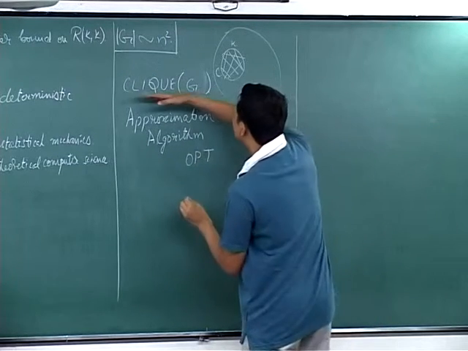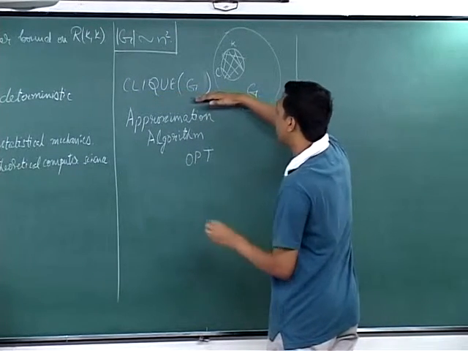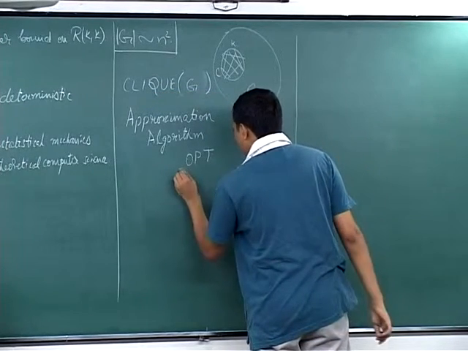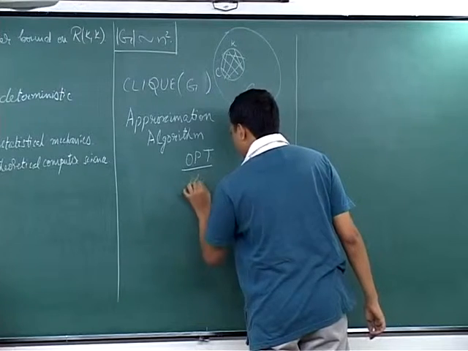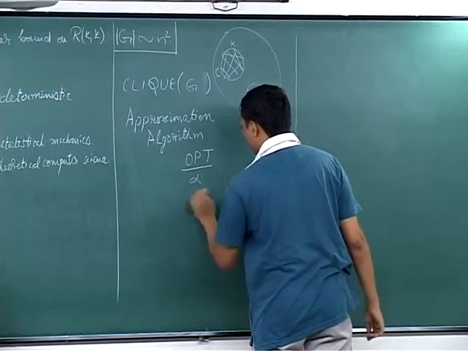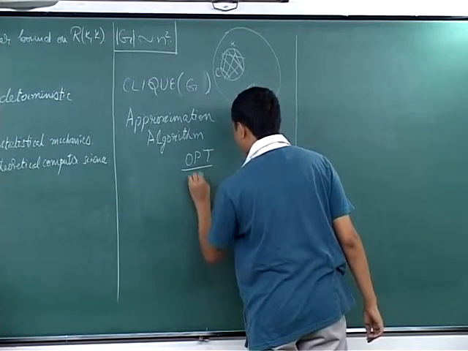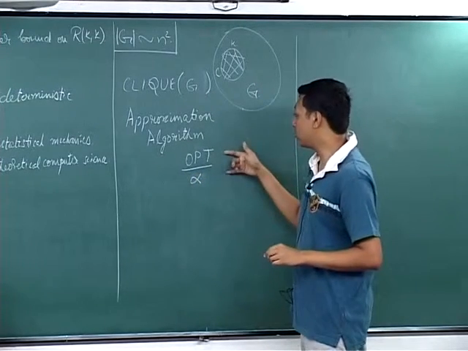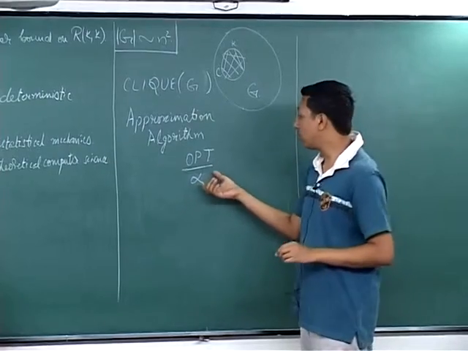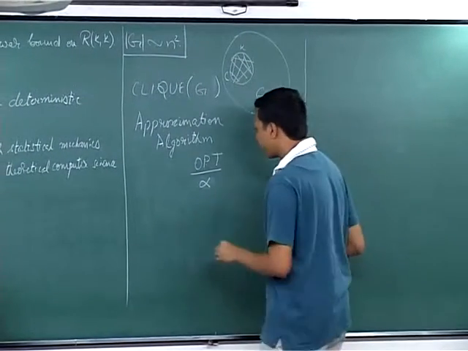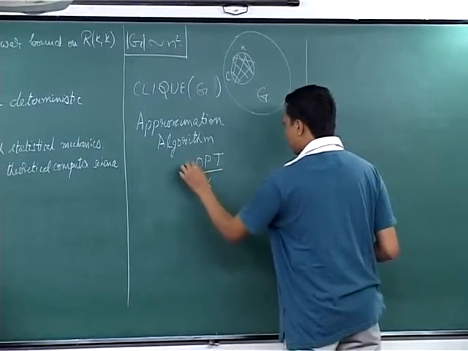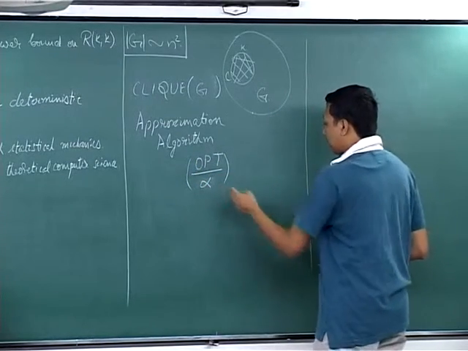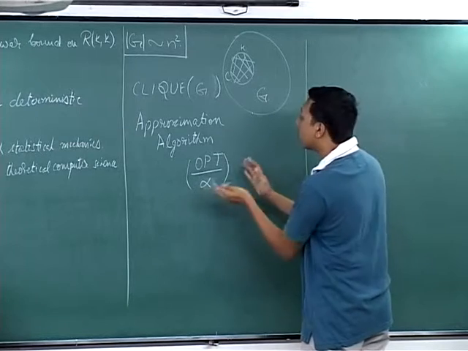Suppose this is a maximization problem, so I want to find the maximum size of the clique. Then can I find a clique of at least opt over alpha size, where alpha is some number or some function of n, in polynomial time?